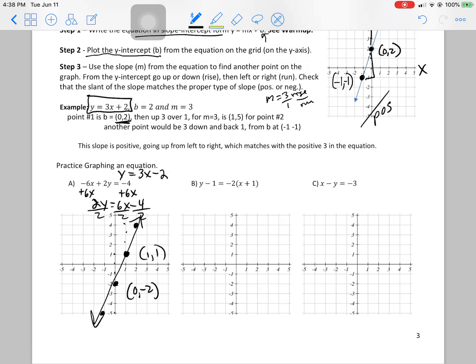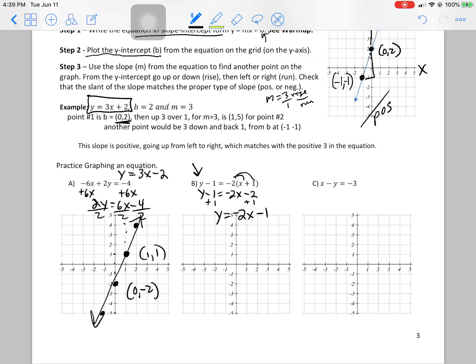Okay? It's a good practice to put the ordered pairs next to the points. Okay? All right, this problem is in point slope form, so let's turn it into slope-intercept form so we can have our b, okay? I need the b, so let's distribute and move this over. So you get y equals negative 2x minus 1.